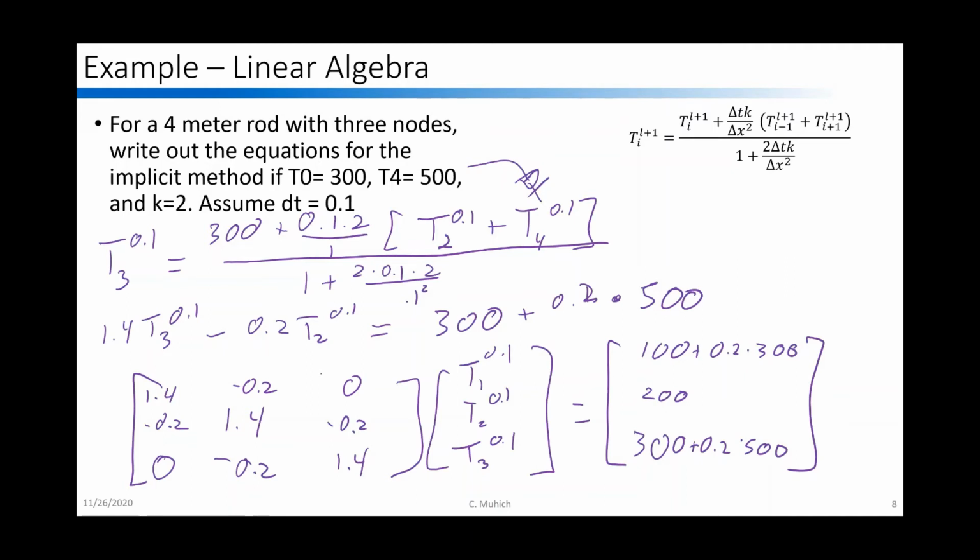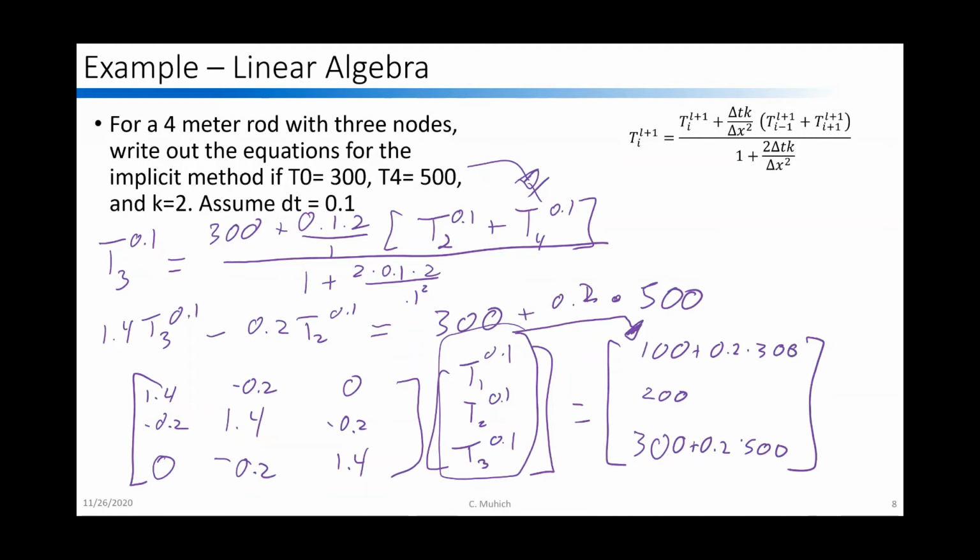We have a tridiagonal matrix. We can use one of our methods for solving this to get all of our new points. Okay, so once we have this all set up, these new T1s are going to move over here and become this first part.